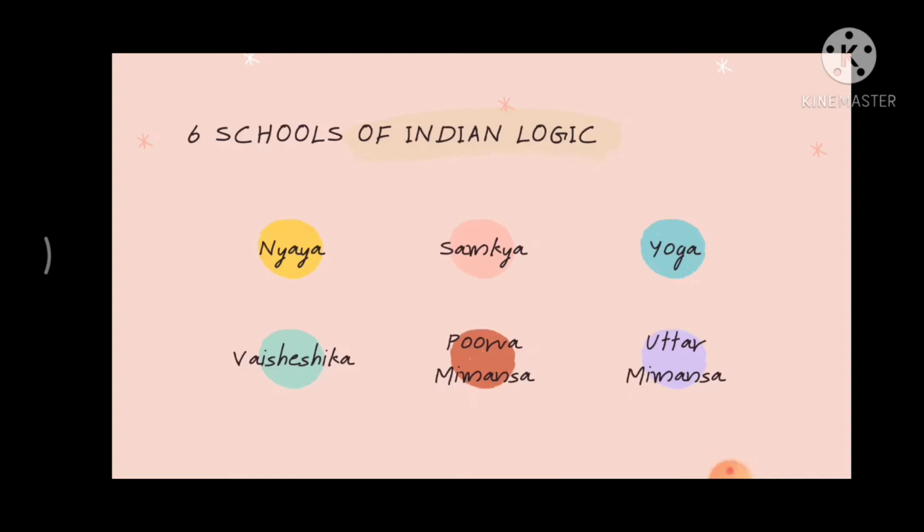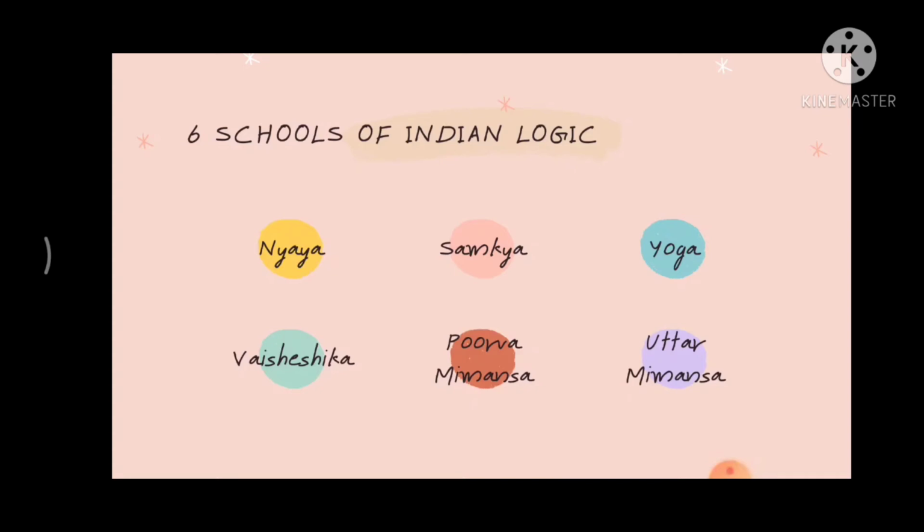Then comes Samkhya. The proponent was Kapila. Here the main aim or goal was to eliminate physical and mental pain and to receive liberation. Here the importance was for consciousness. Then comes Yoga, where the importance was for meditation, samadhi, contemplation. These are the basic concepts. The proponent was Patanjali.